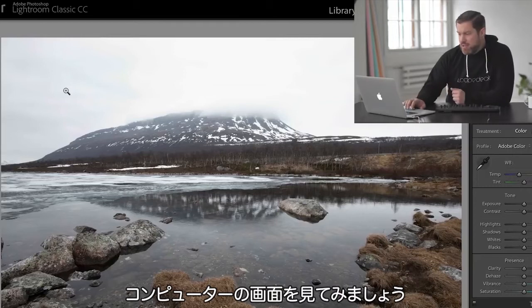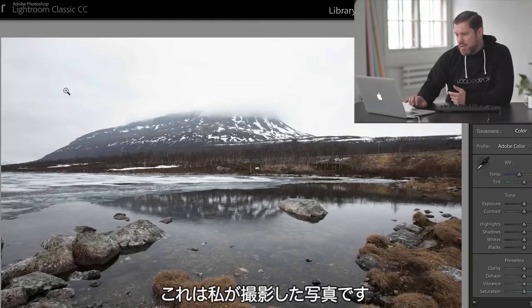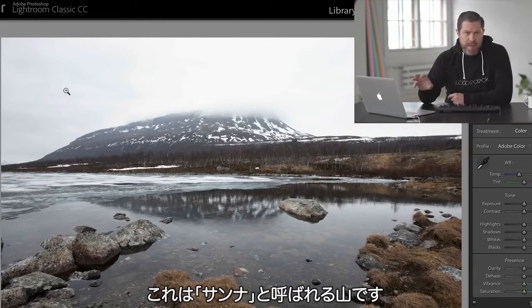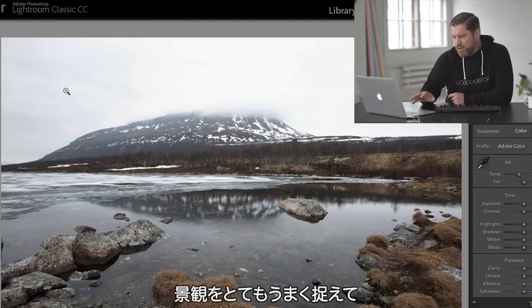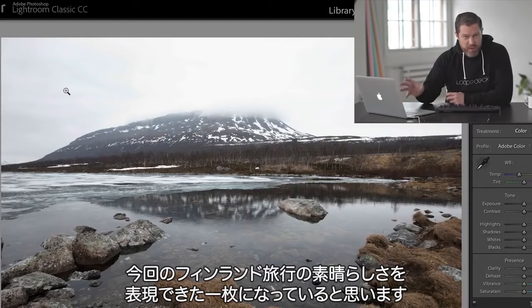So if we go into the computer, this is the image that I took. This is a mountain called Sana, I think, if my pronunciation is correct, but it incorporates the landscape quite nicely, and I think it represents my trip to Finland really nicely as well.